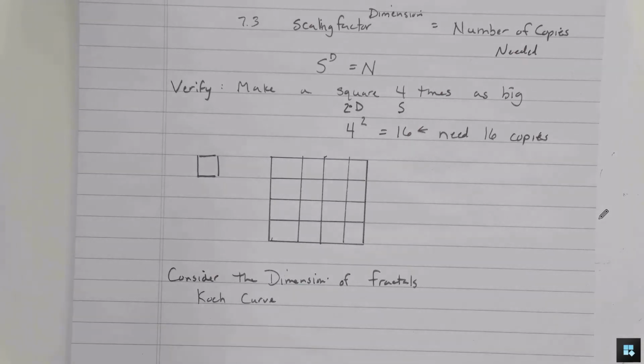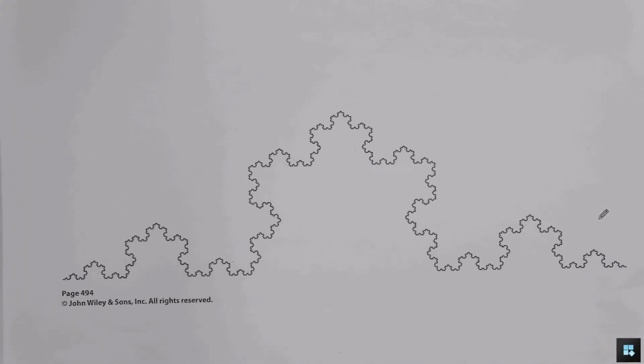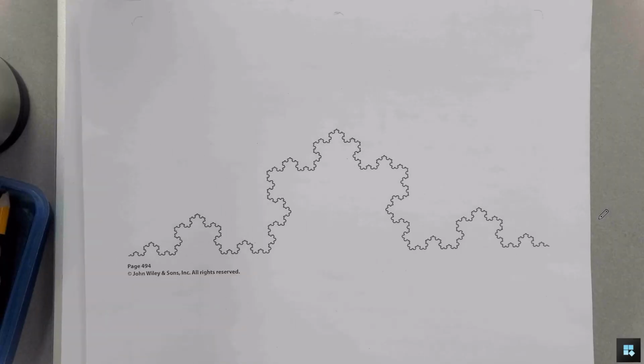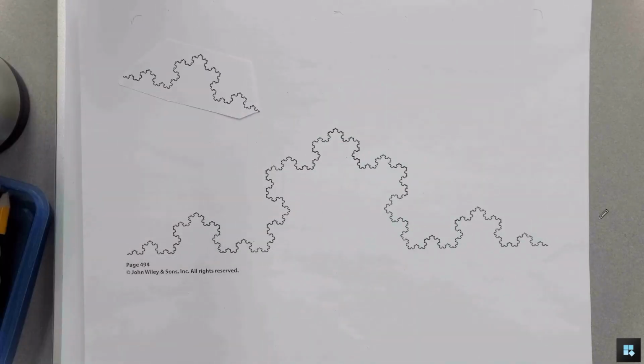Here I have a large Koch curve, and I have some small Koch curves, okay? How many of those small Koch curves do I need to put together to make a large Koch curve? Anybody see? How many small Koch curves to make a large Koch curve?